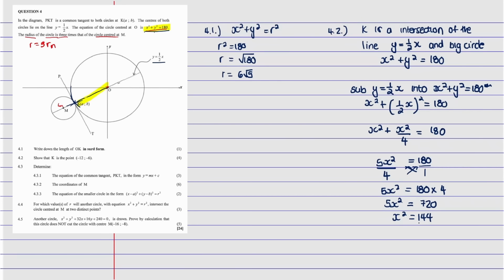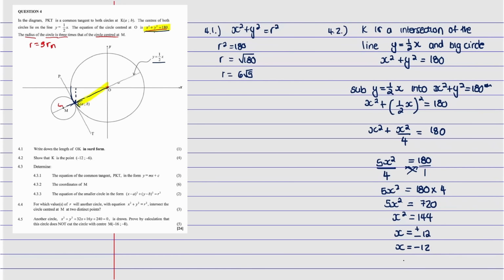Then you're going to take the square root of both sides, so x equals plus or minus 12. What do we see? Plus or minus 12, meaning x here needs to be equal to negative 12, because it lies on the negative x-axis.